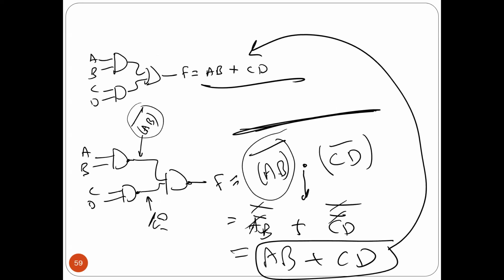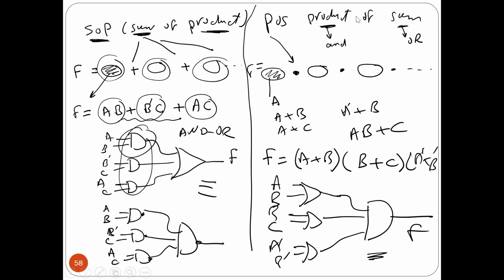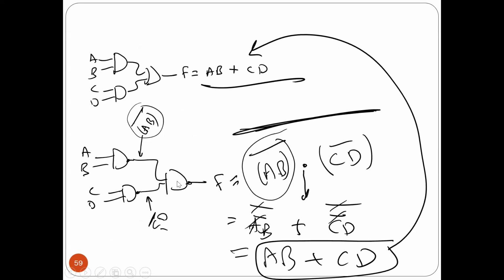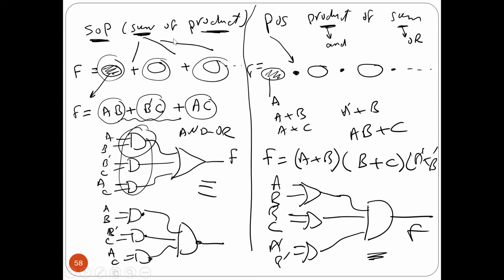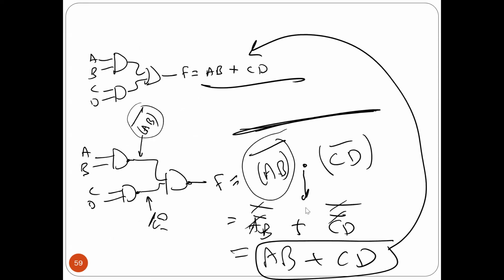Okay, let's go to the other one here, which is product of sum. So product of sum here, it has this format. I will show you right now, similar to what I did here. What I have explained is any expression sum of product can be implemented only using NAND.